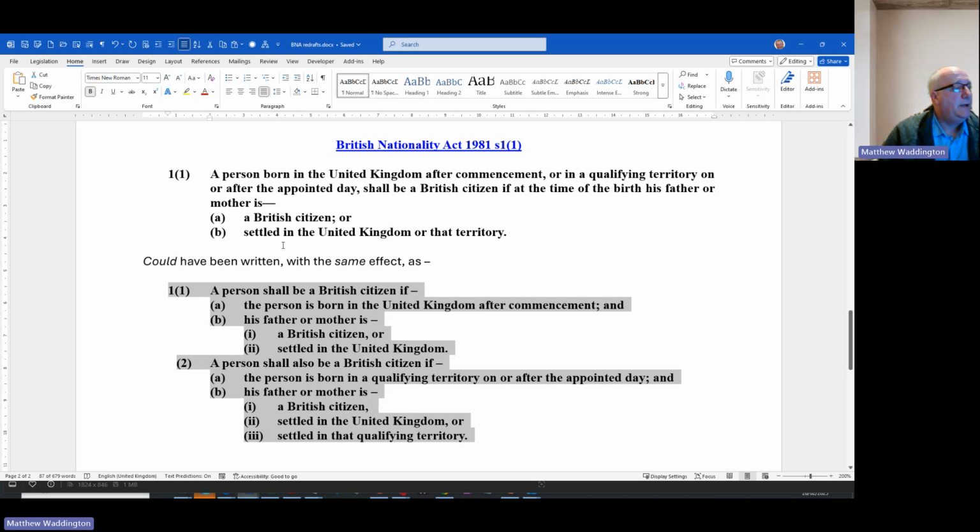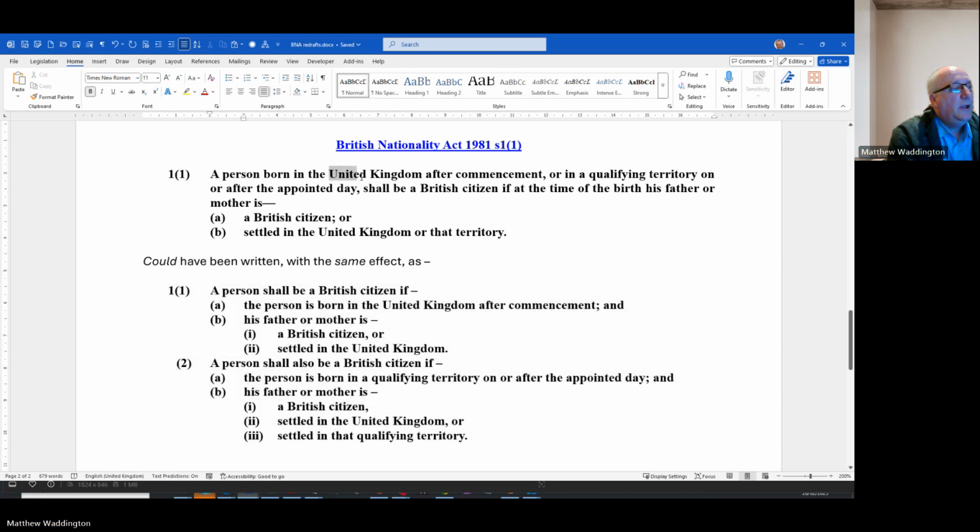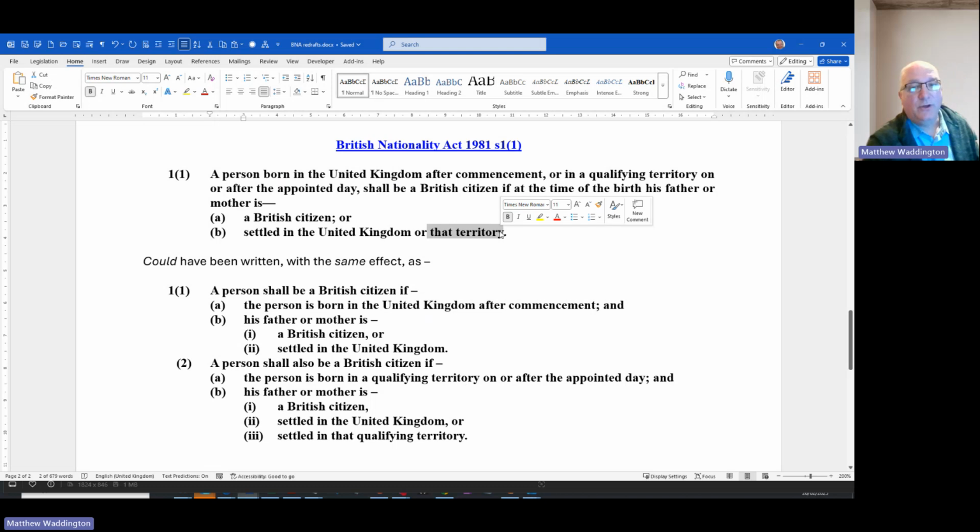You might want to say, okay, there's a slight difficulty that it looks as if it's talking about a person born in the UK and their father or mother settled in that territory. When those two don't go together, that doesn't really add up, and that may confuse people.